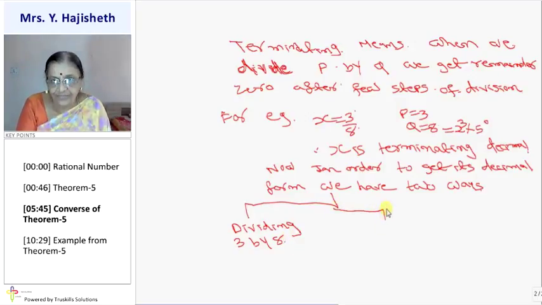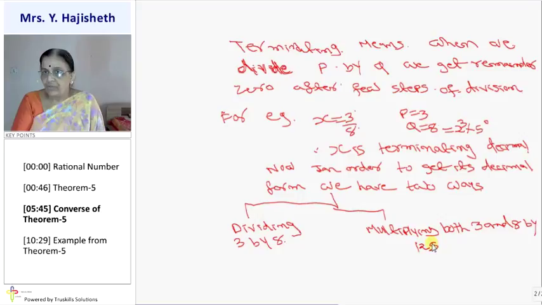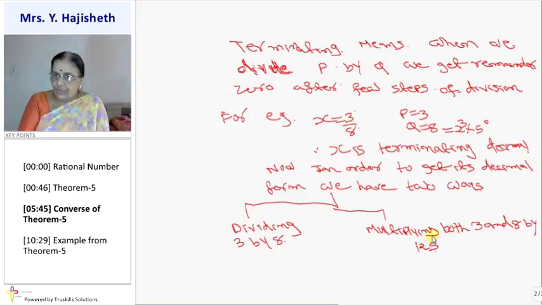Another way is multiplying both 3 and 8 by 125. Because 8 has 2 cube, I multiply it with 5 cube, then my denominator will be 10 cube, okay?